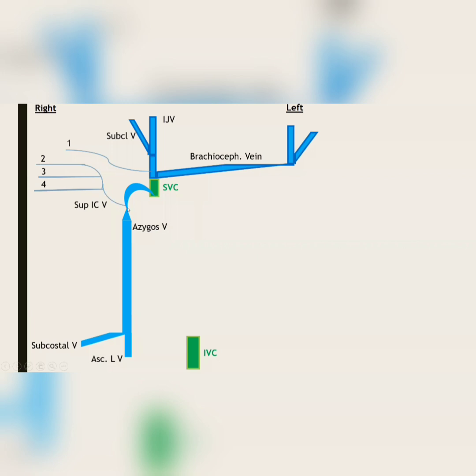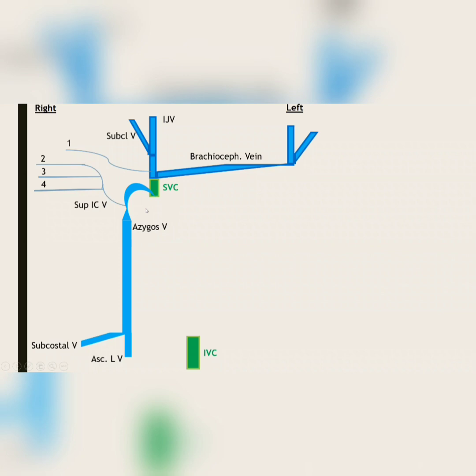The superior intercostal vein on the right side will drain into the arch of azygos vein. So the first intercostal vein drains separately into the right brachiocephalic vein, while posterior intercostal veins 2, 3, and 4 join together to form the superior intercostal vein, which drains into the arch of azygos vein.